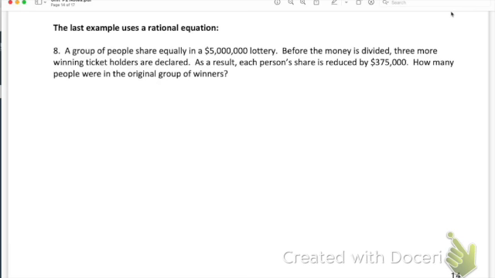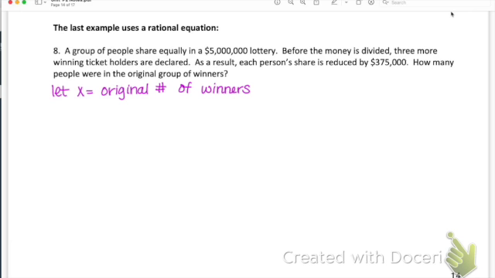How many people were in the original group of winners? So the unknown amount is the original group of winners. So let's let X equal the original number of winners. We're not going to solve this. We're just going to set it up.